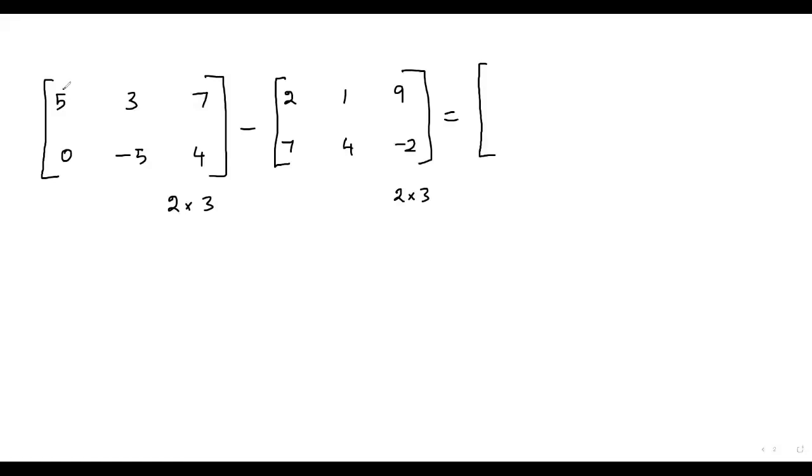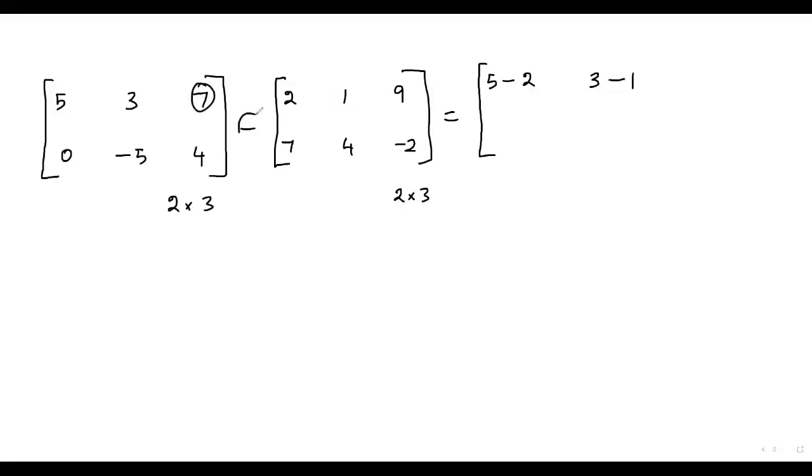Let's take the first element of the first matrix. Let me write it over here. I'm writing this subtraction over here. Now, how to take the corresponding element in the second matrix? That is the first element of the first row, which is 2. So the same thing I have to do for each element. Let me take the second element over here, 3, and we have subtraction. Then the second element over here, 3, negative 1.